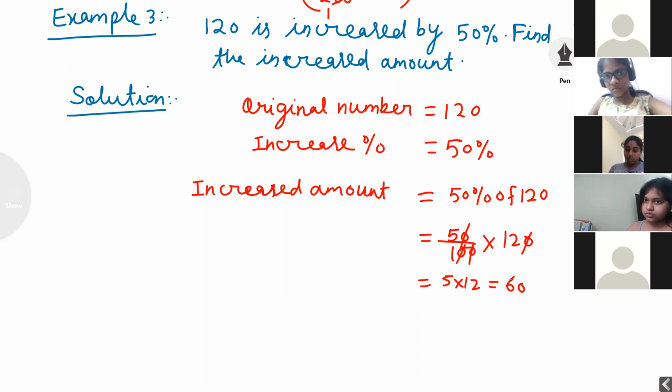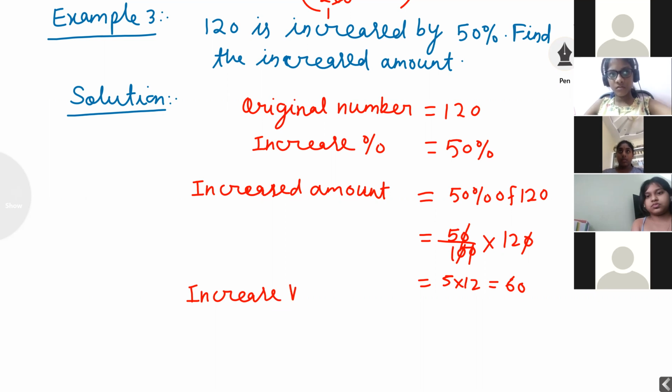This is the increase. You can apply your brain, students. 120 was there, how can 60 come? 120 plus 60 is equal to 180 is the increased value.